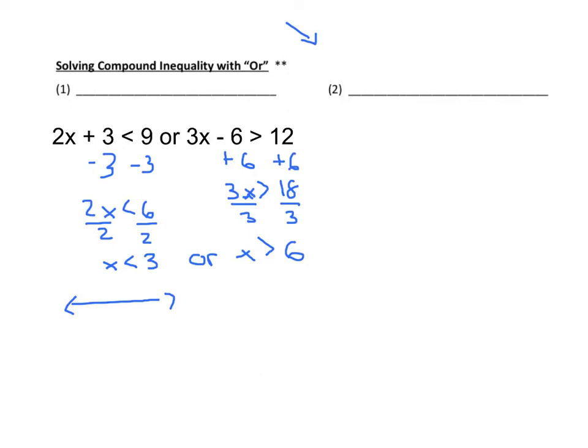So if I were to graph x is less than 3 and x is greater than 6, you notice that because I don't need to worry about overlapping when I graph my final compound inequality, you would just graph both solution sets of both inequalities.